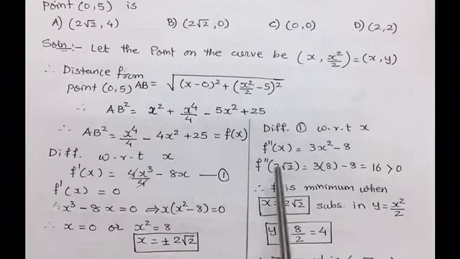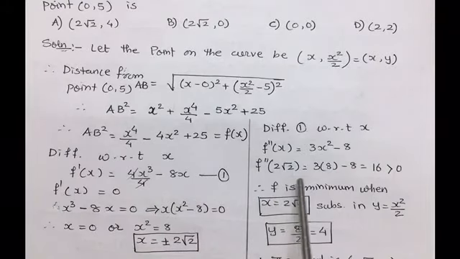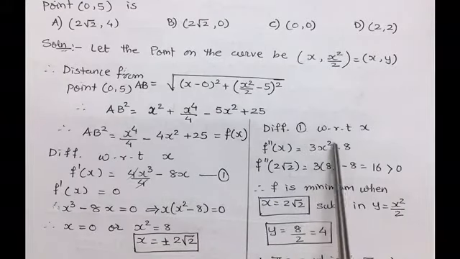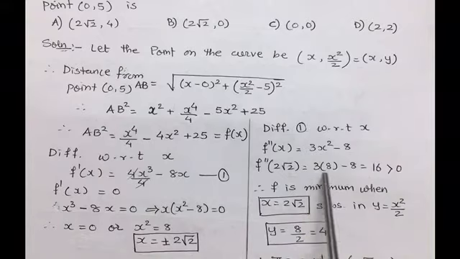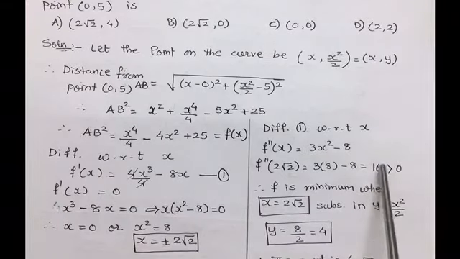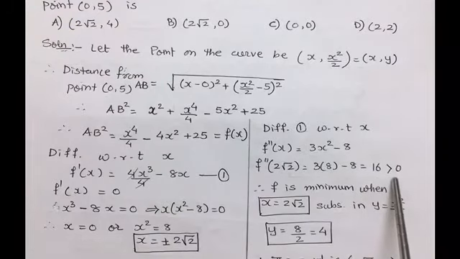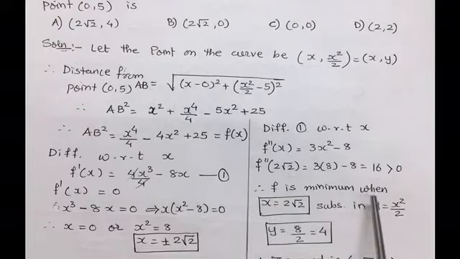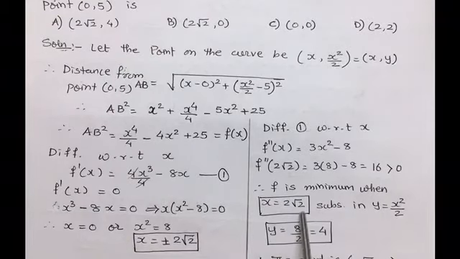Keeping the value of x as 2 root 2, that is the plus value instead of minus 2 root 2, x square becomes 8. So 3 into 8 is 24, minus 8 makes it 16, which is positive, and as it is greater than 0, therefore f is minimum when x is equal to 2 root 2.